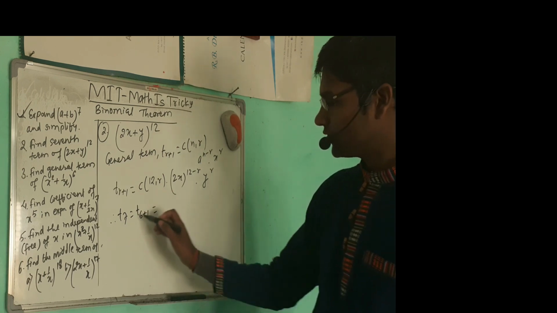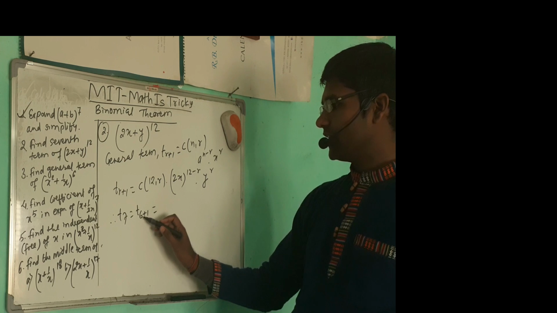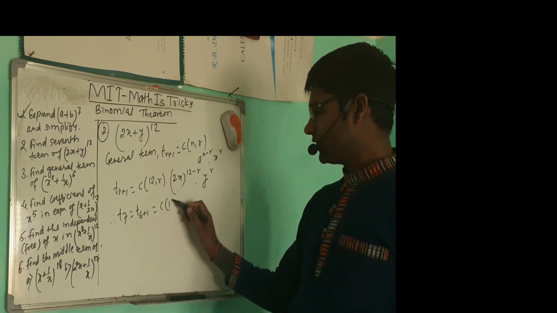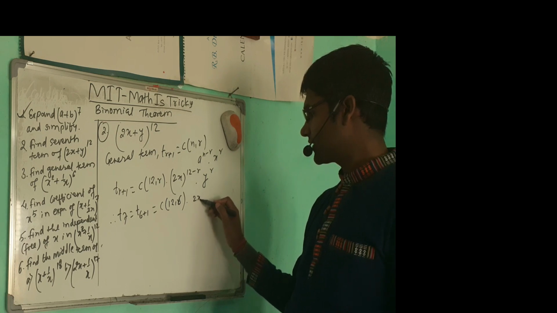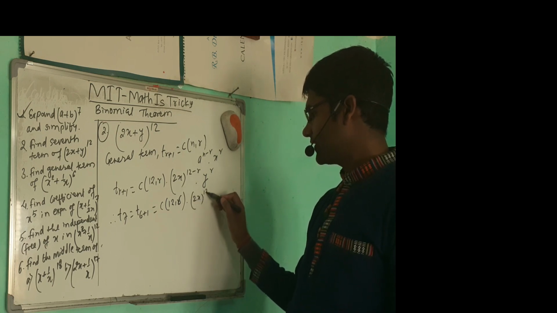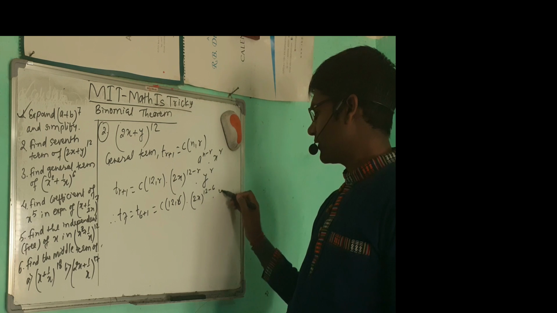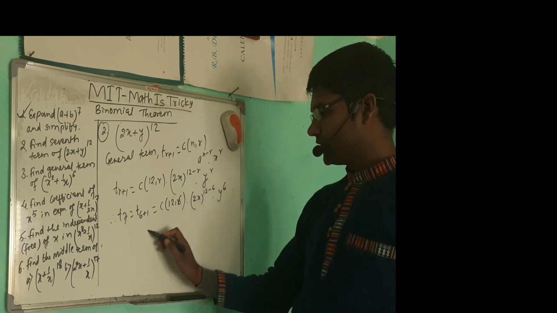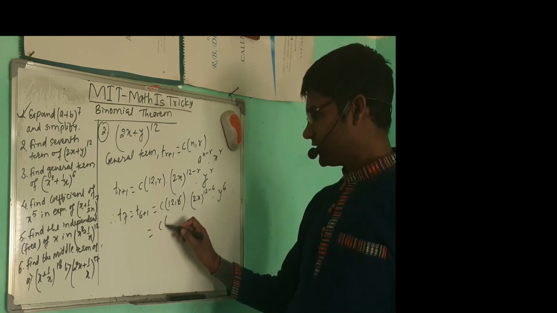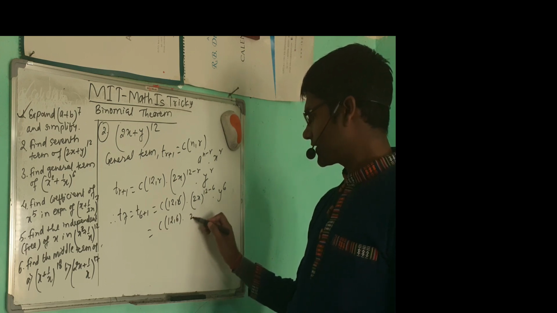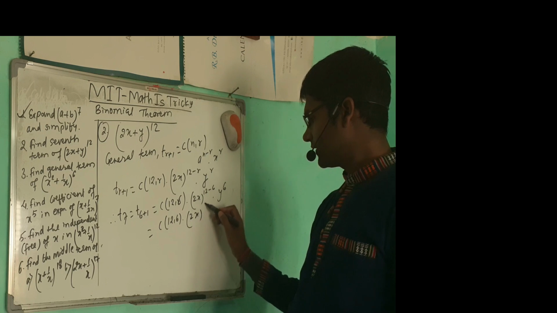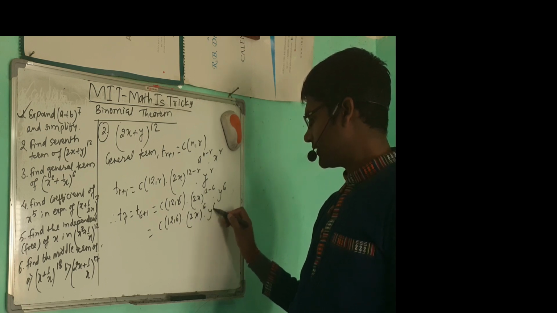Remember, so our r is 6. So 12C6, and (2x) whole power 12 minus 6 into y power 6. So how much is the answer? Let's see here. 12C6, and then (2x) power 6 y power 6.